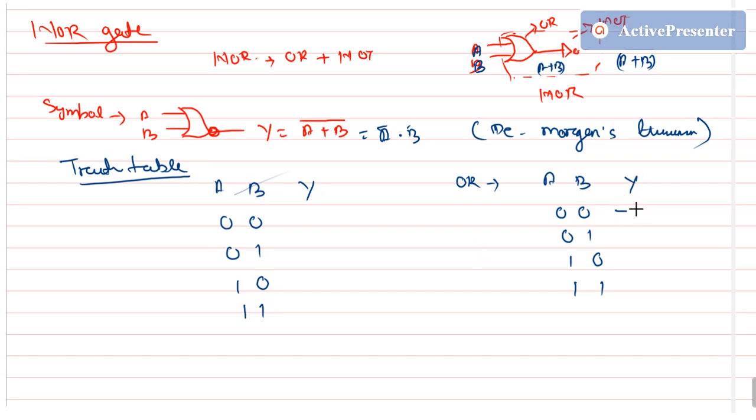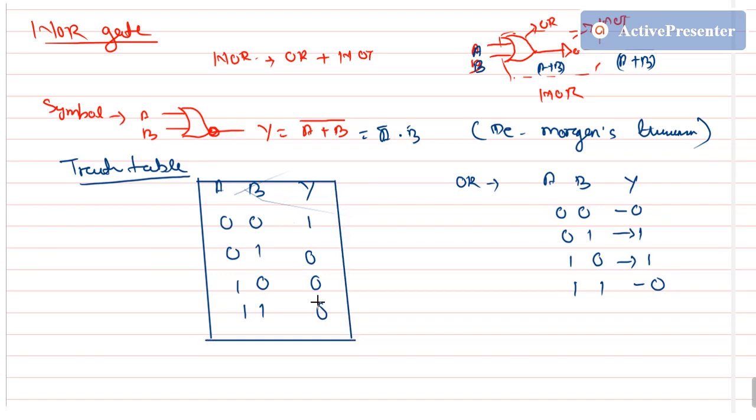For the OR gate the output is 0, 1, 1, 1. But in the case of the NOR gate, it is just the opposite. Wherever you have 0 in the OR gate, you will get 1 there. So this will be 1, and the rest will be 0, 0, 0. So this is the required NOR gate truth table. I am not erasing this one, I am keeping it here for reference.